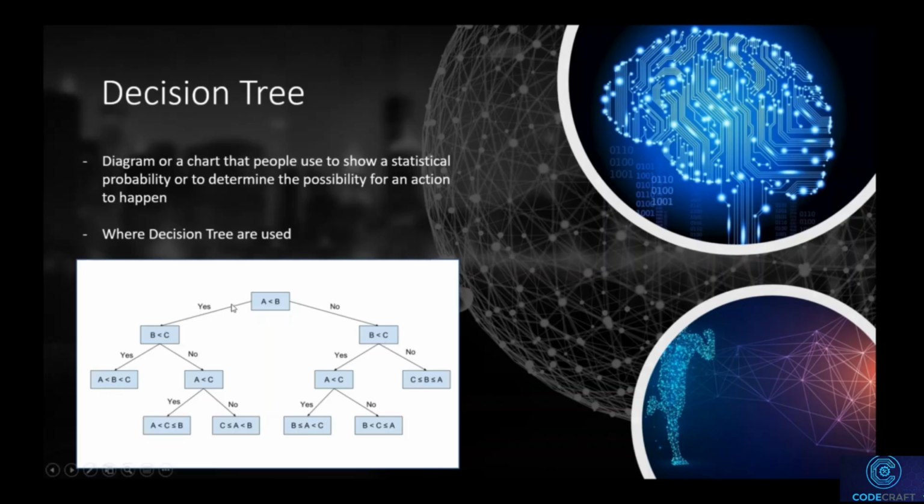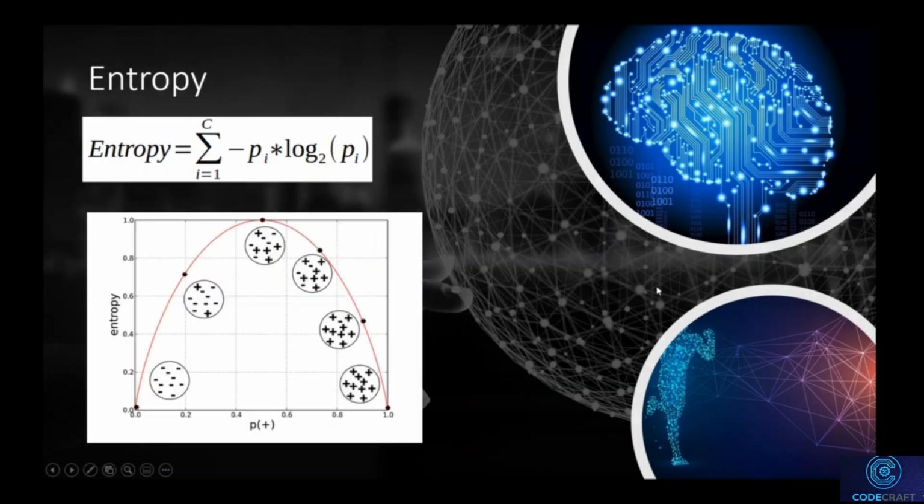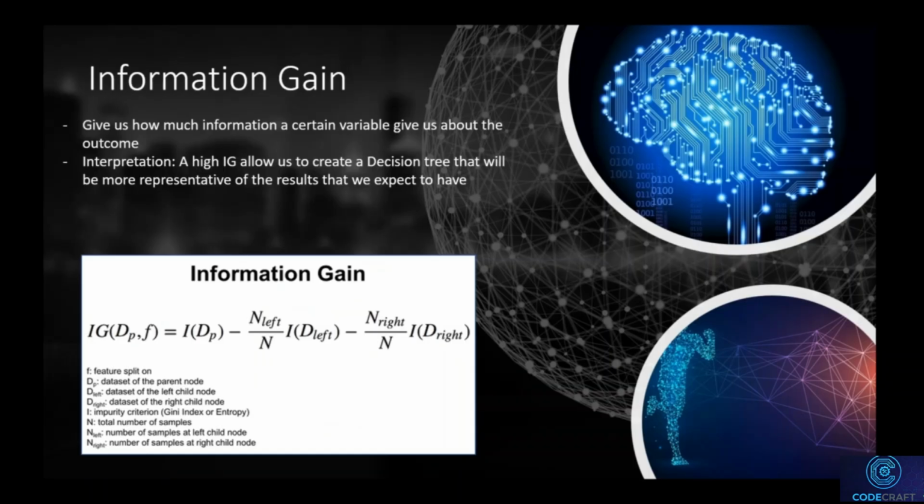Well, this would be the decision tree and the outcome that we will look for. So basically, the higher the information gain is, the more likely this would be the decision part of the decision tree that we will take, because the results will be more representative of what we are looking for at the end. So besides that, those are the two formulas that are pretty important.